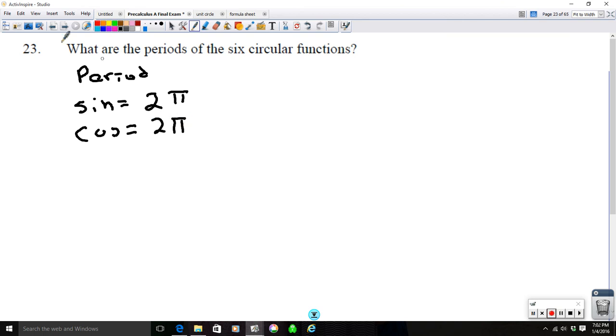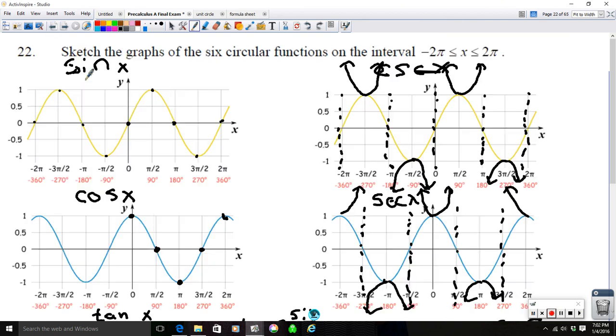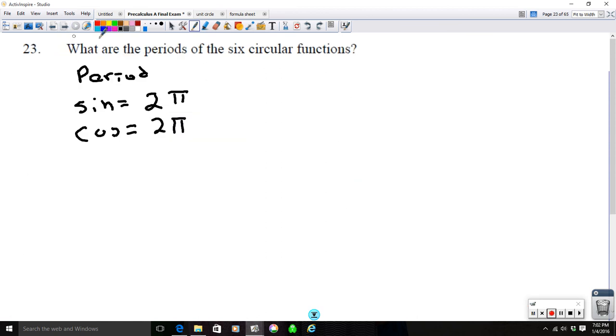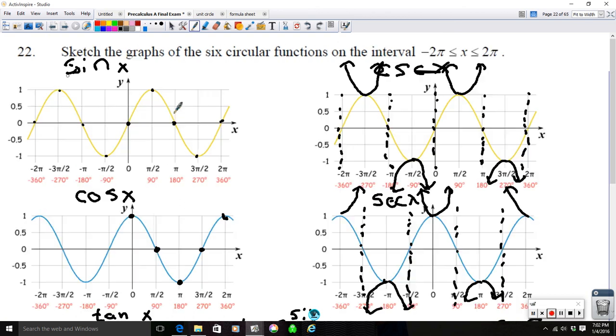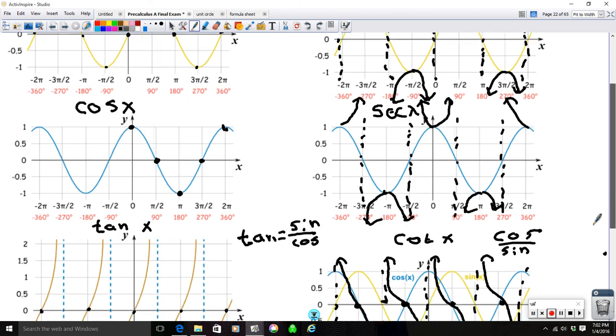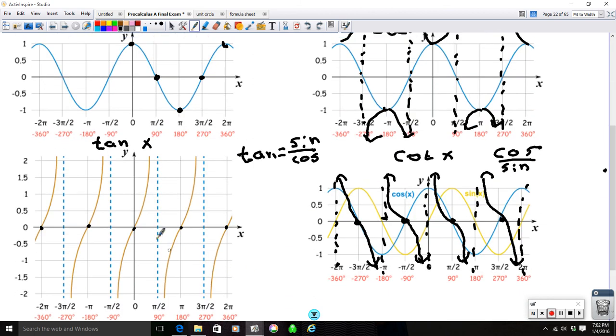You can go back to the last problem to see that. Tangent, 1 full revolution was just pi. Again, look back at your graph. Tangent's down here. One full revolution from here to here is pi. 3 pi over 2 minus pi over 2 is pi.